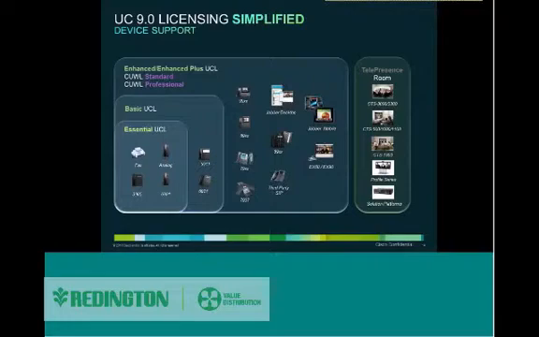And for Jabber desktop or Jabber mobile, and for the telepresence endpoints like EX60 or EX90, all fall under the enhanced or enhanced plus user licenses or the workspace license. So when you buy a single workspace license, these devices will be covered under the license.